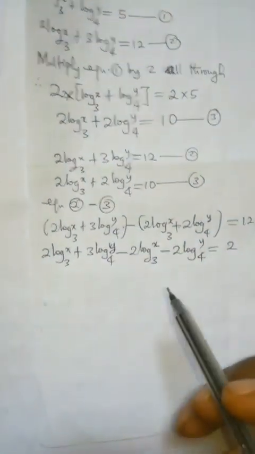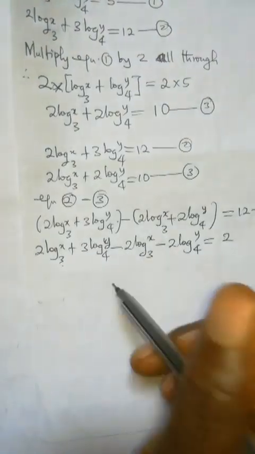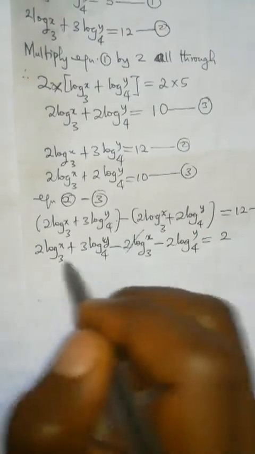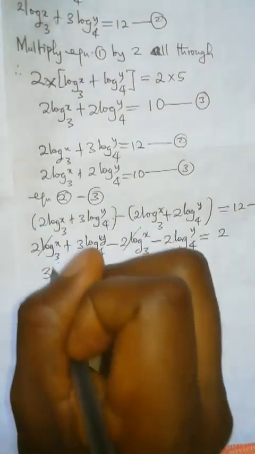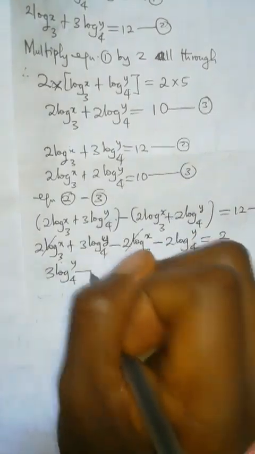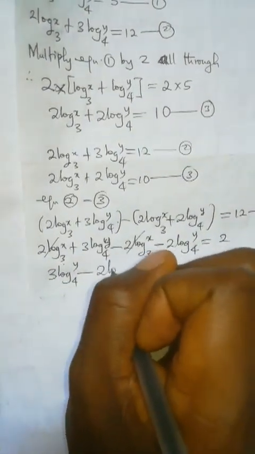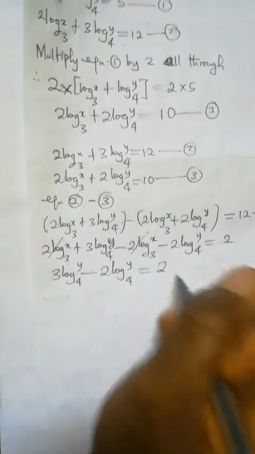As you can see, 2 log x base 3 minus 2 log x base 3 are the same thing, so they will cancel each other. We are going to be left with 3 log y base 4 minus 2 log y base 4 is equal to 2.